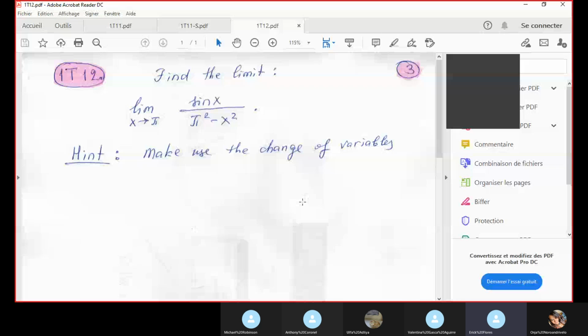There seems to be some sort of static. So, Eric, as x goes to pi, if I take a new variable y like pi minus x, then y goes to what as x goes to pi?